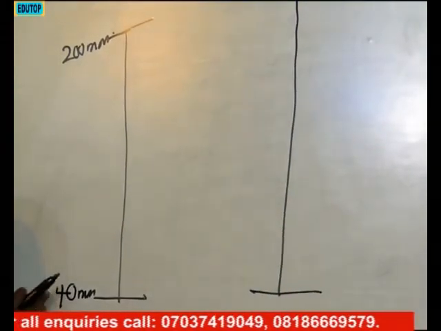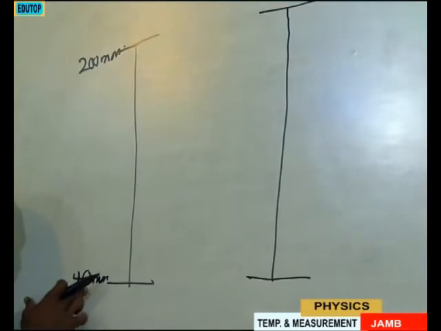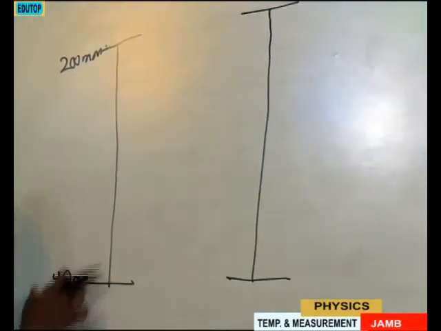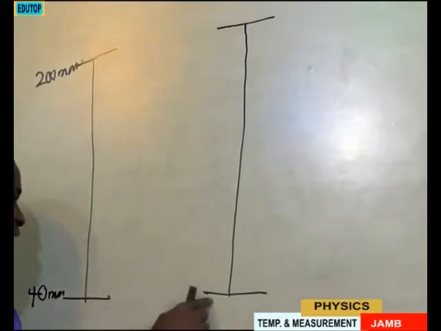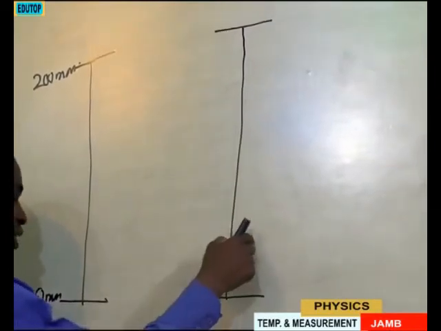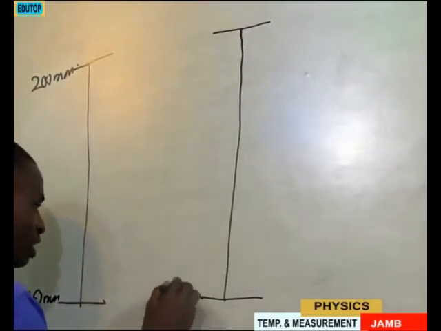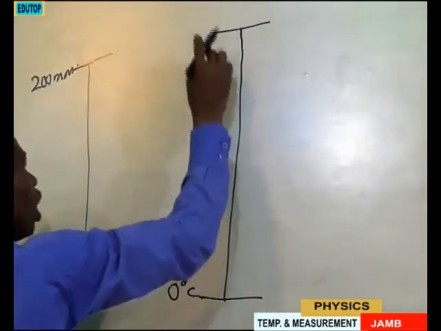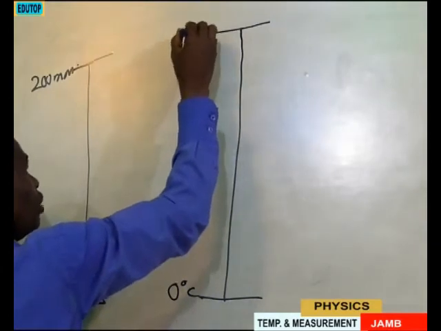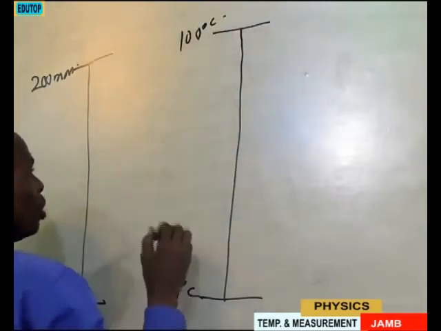By the time this thermometer reads 40 millimeter for this scale, what will be the original lower fixed point for the Celsius scale? It will be 0 degrees Celsius. And for the upper fixed point, it will be 100 degrees Celsius.